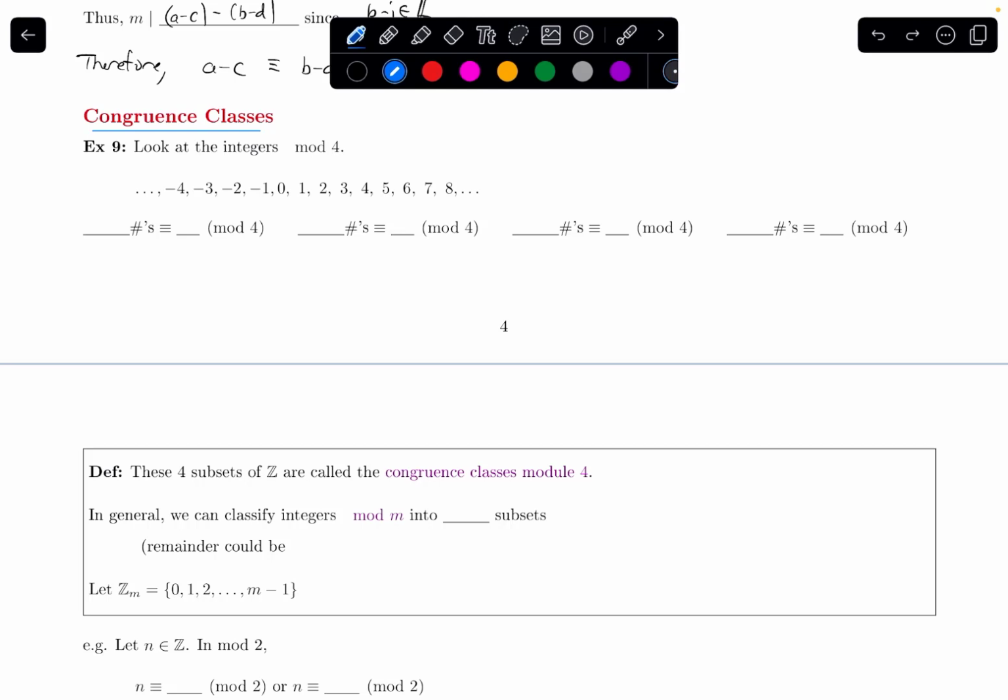Well, one possible remainder is 0. That happens with the integers 0, 4, and 8, and also in the negative direction, like -4 and -8 further down the road, all the multiples of 4. All of these green highlighted numbers are congruent to 0 mod 4, which means that when I divide them by 4, they have remainder 0.